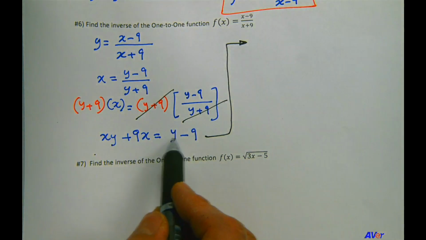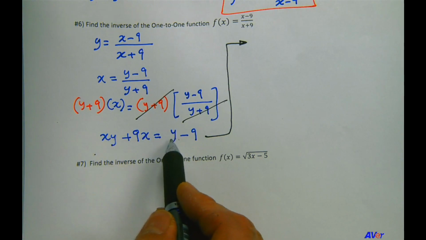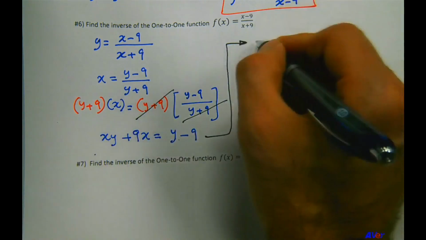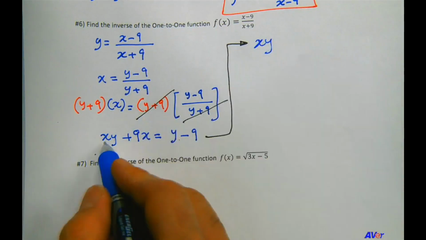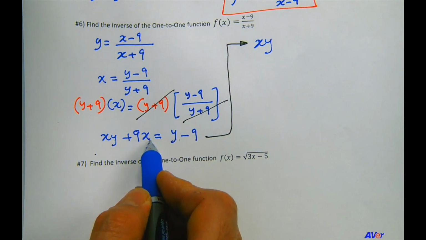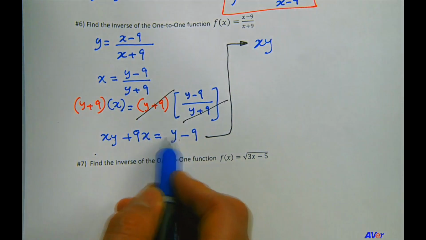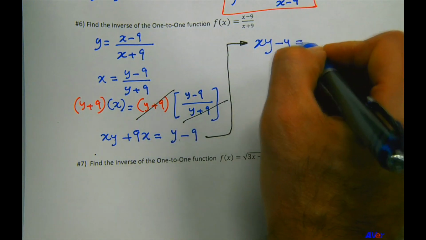So we need to put both terms that have y in them, which is the variable we're solving for, on one side. So we have xy on that side. I'm going to move this y to the left side of the equality. So it was positive on the right side. When I move it, it becomes minus y equals.